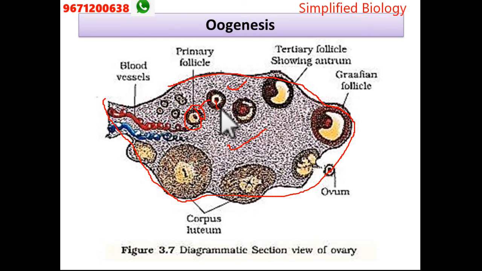The secondary follicle changes into the tertiary follicle, which has the antrum part. When it loses its walls, it forms the Graafian follicle. After releasing the ovum, the Graafian follicle forms the corpus luteum. The corpus luteum secretes hormones after that. Okay, clear, student?